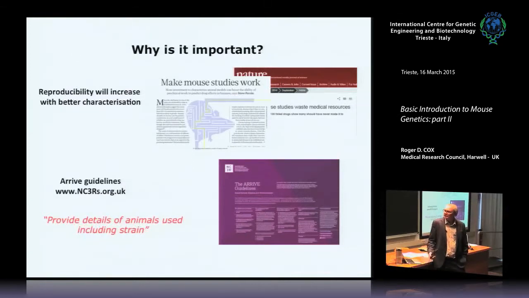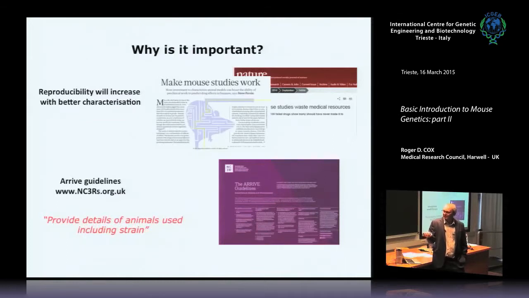You need to do properly designed and planned experiments. And there's this thing called the ARRIVE guidelines, which provides useful guidelines on these sorts of variables and on reporting these variables in publications. So trying to standardize things so that we get better reproducibility.